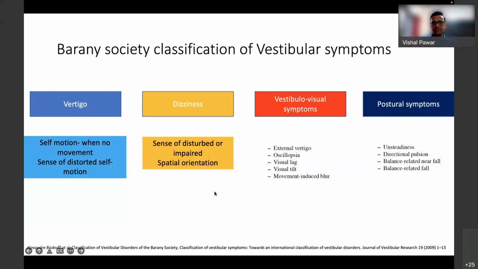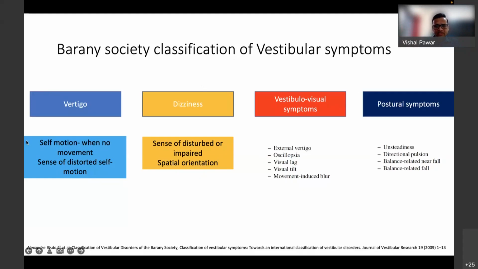And dizziness, there are many patients you will observe. Just observe your next patient of vestibular neuritis. In the initial 2-3 days, the patient will complain of severe vertigo. Later on, the patient will say that I feel disturbed. They are not able to explain that symptom. That symptom is dizziness, a sense of disturbed or impaired spatial orientation. This is commonly seen even in vestibular migraine.